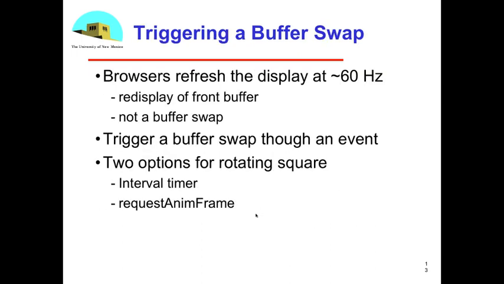So the trick is, how do you trigger this buffer swap? Because we weren't doing that by just generating the renders, and the trick, of course, is not really a trick, but it's saying you need an event.